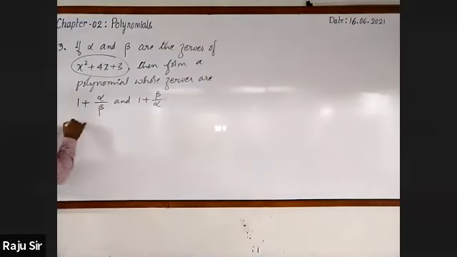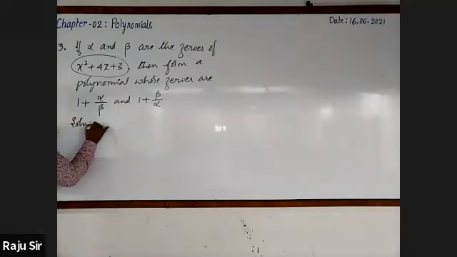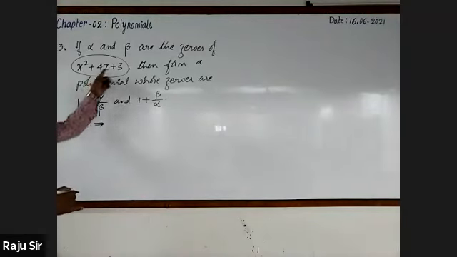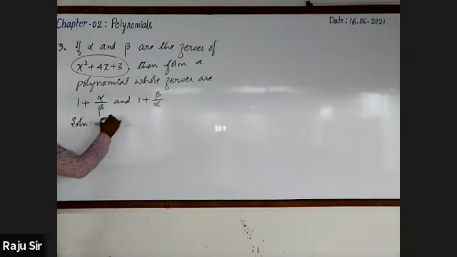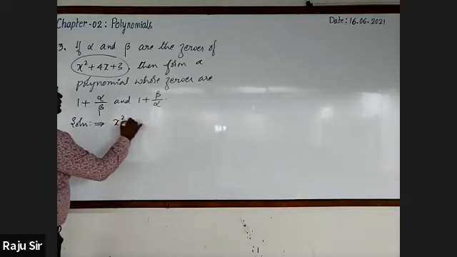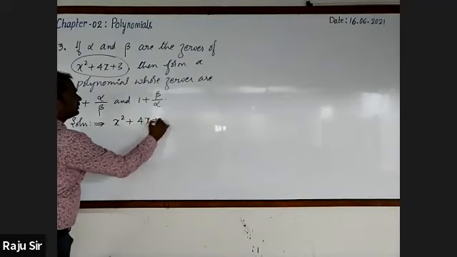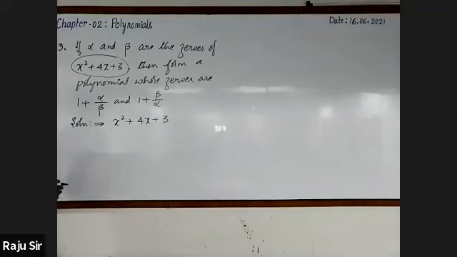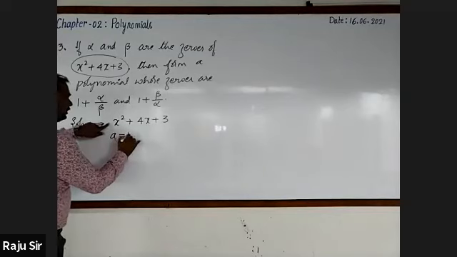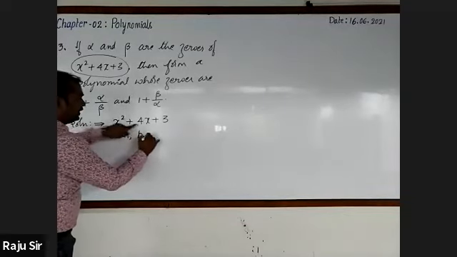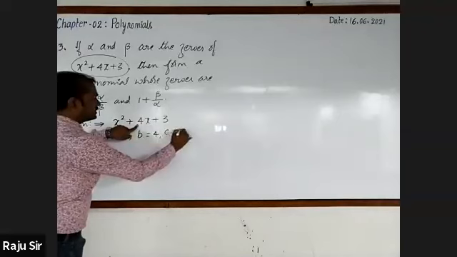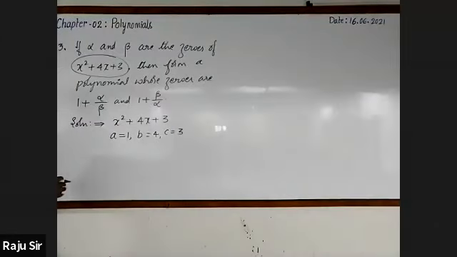Right. Solution. Let me write the given polynomial in standard form. This is x square plus 4x plus 3. It is already in standard form. Let us write the coefficients. The coefficients are a is 1, b is 4, and c is constant, that is 3.